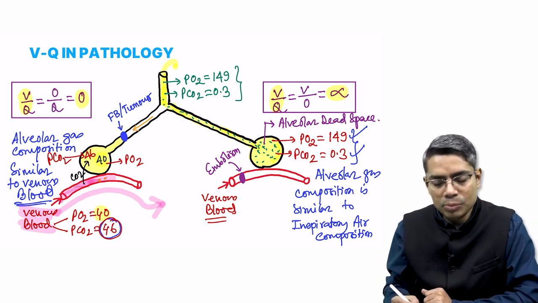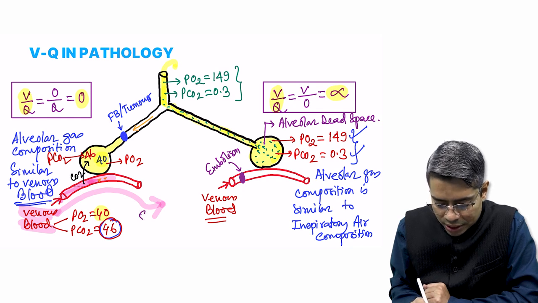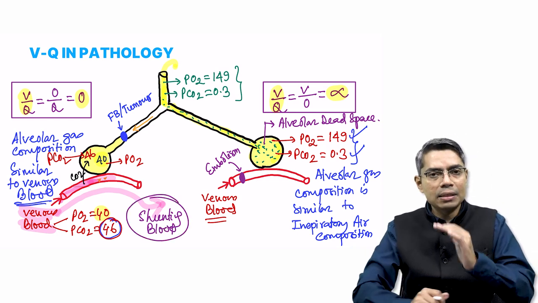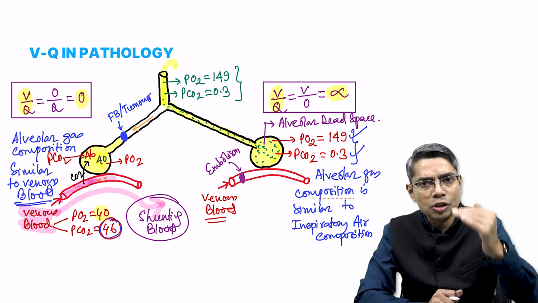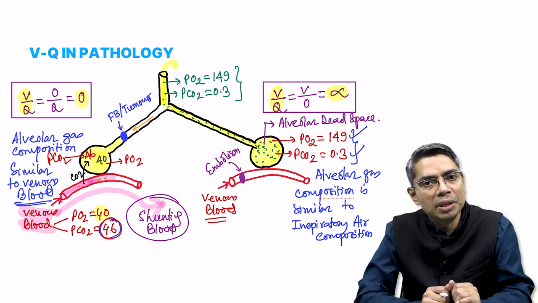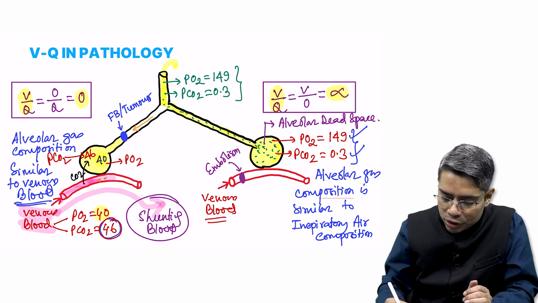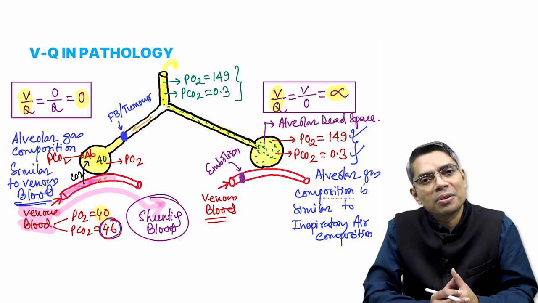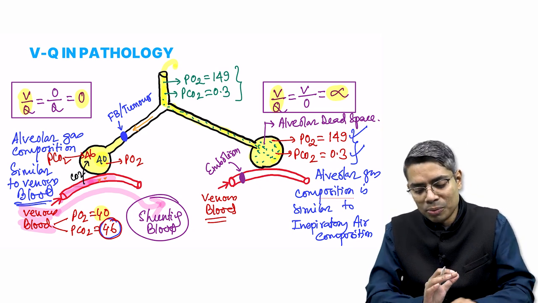Whenever blood moves from the venous side towards the arterial side like this, it is known as shunting of blood. Getting my point? So whenever your VQ ratio becomes lesser and lesser towards 0, the shunting of blood volume will increase, and whenever your VQ ratio moves towards infinity, your alveolar dead space will be more and more. Getting my point? So this is the bottom line concept.